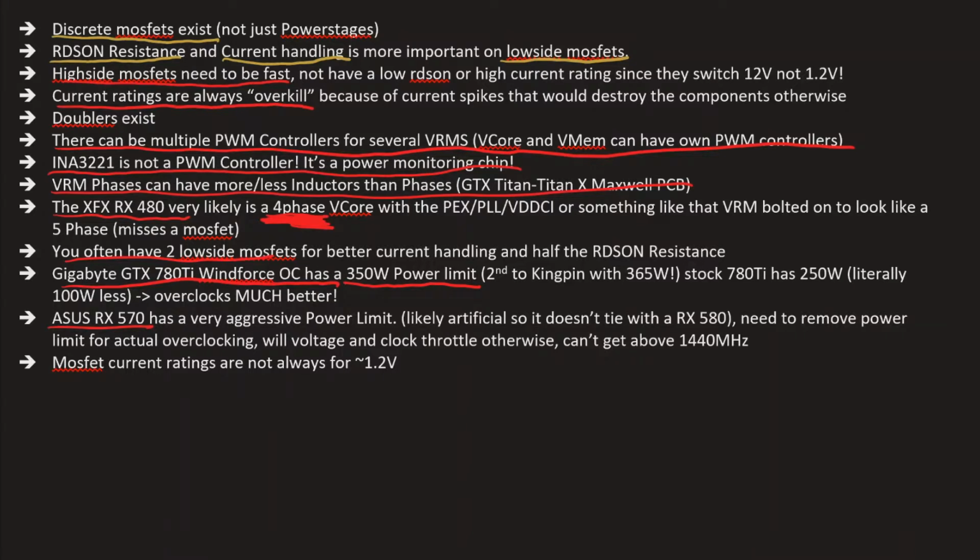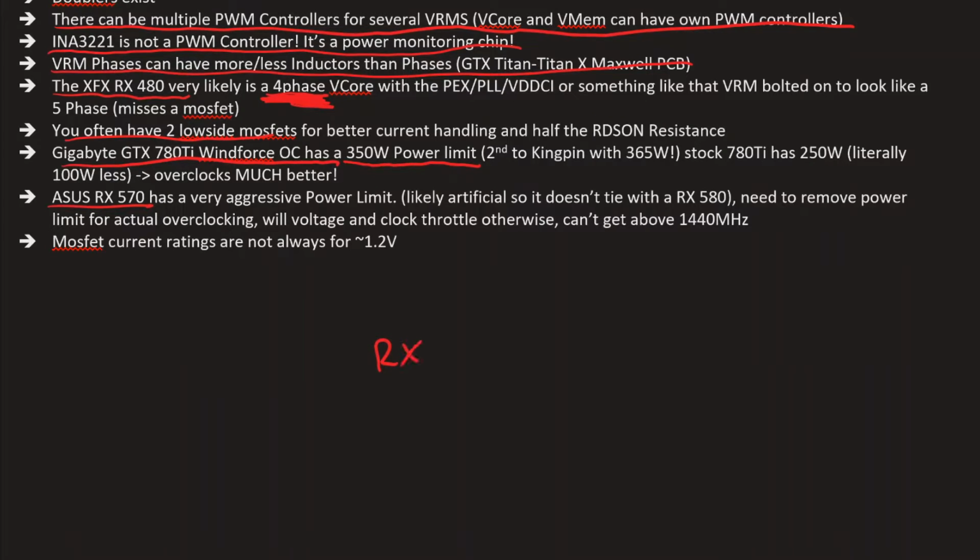Like currently you have the RX 5700 XT, and then you have the RX 5700, and that one is significantly locked down, though it is pretty much the same as the XT, it's just missing a few shaders. And yeah, AMD locked the card down, so you can't overclock it to the level of an XT. Pretty much the same is true for the RX 570, which is just an RX 580 4GB with a few shaders disabled.